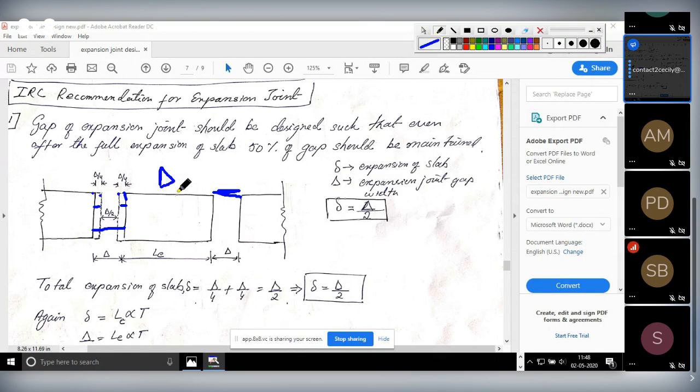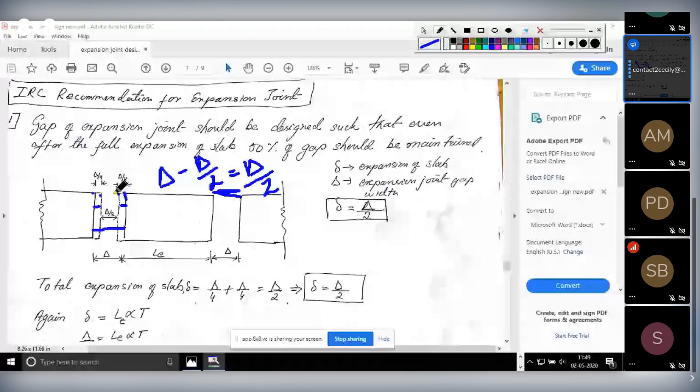After expansion, the gap left between the slabs is delta by 2. So if they ask you the total expansion of the slab, then obviously delta minus delta by 2, that is delta by 2. Clear? See here, this is delta by 4, this is delta by 4, that means delta by 2. If we add up these two, we get delta by 2 only.